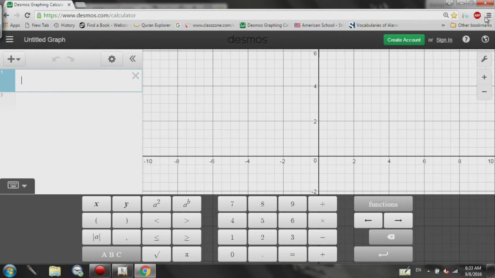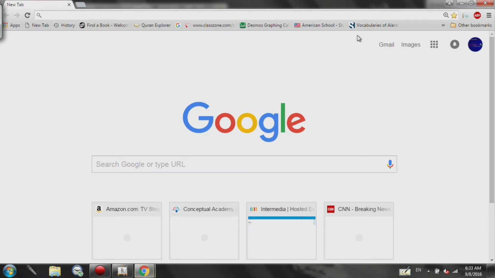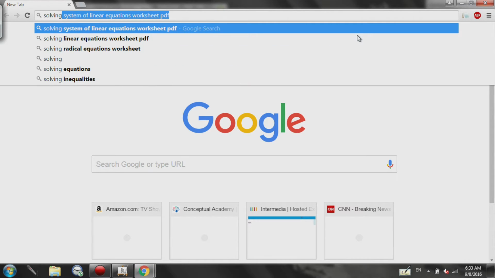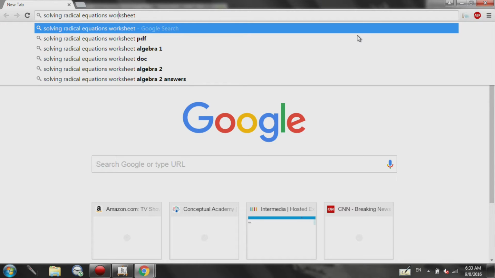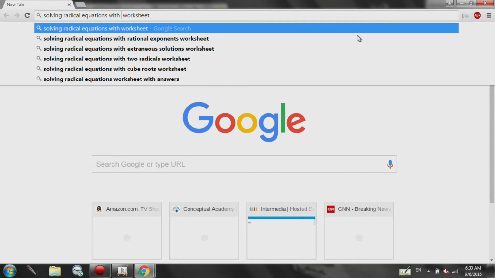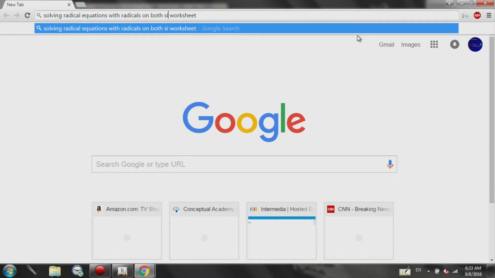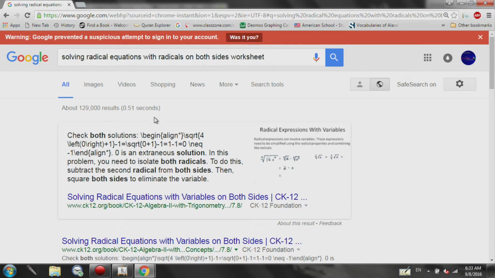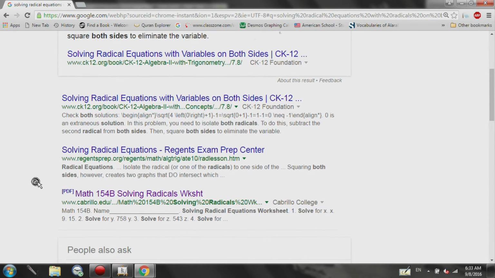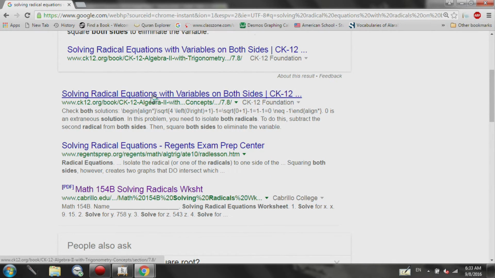And I'm going to try to see if I can locate some worksheet on this. Solving radical equations with radicals on both sides. Let's see if we could come up with something like this. Okay, let's see.